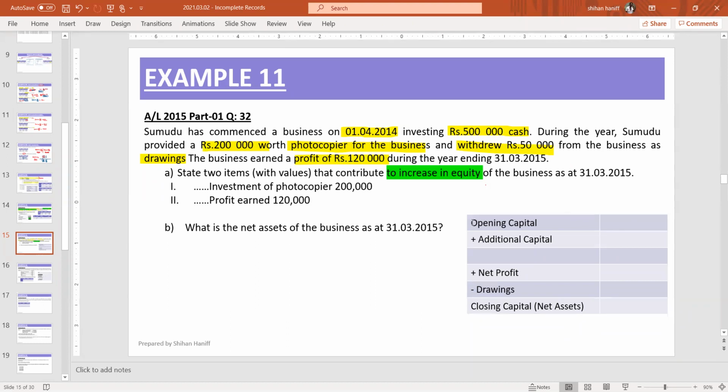There is a doubt. So can we include the capital 500,000 as well? Yes, you can include 500,000 investment of capital. It is also fine. Opening capital.